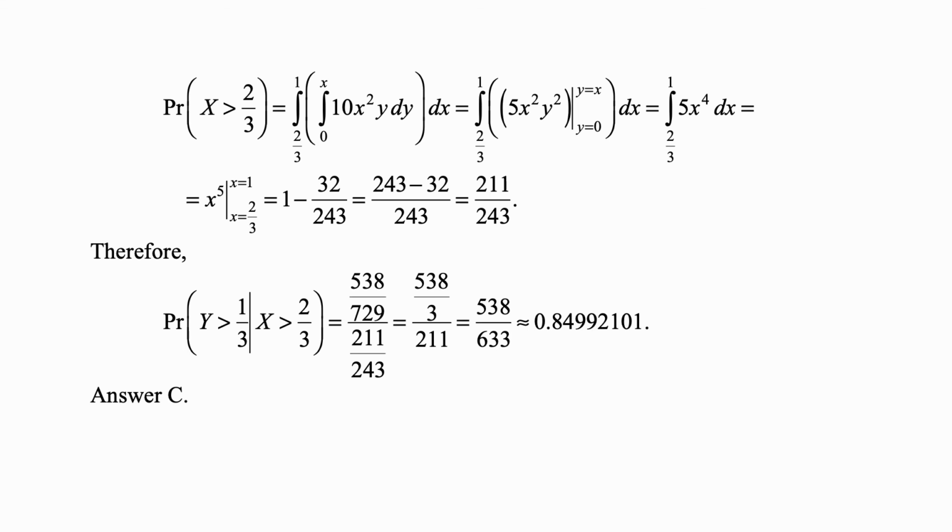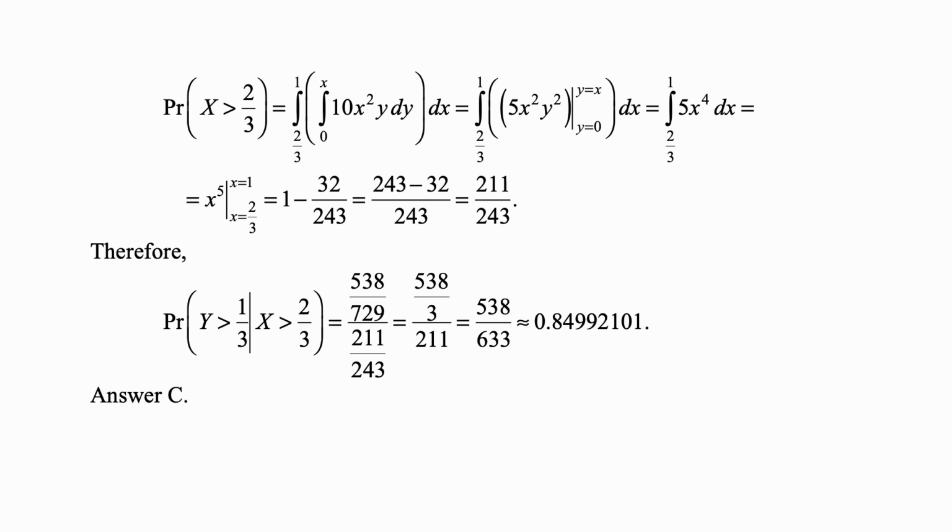Okay, so that's 5x squared y squared evaluated from y equal to 0 to y equal to x. Integral of that from 2/3 to 1 dx, and that's the integral from 2/3 to 1 of 5x to the 4th dx. Of course, 5x to the 4th is the derivative with respect to x of x to the 5th. And we evaluate x to the 5th from x equal to 2/3 to x equal to 1.